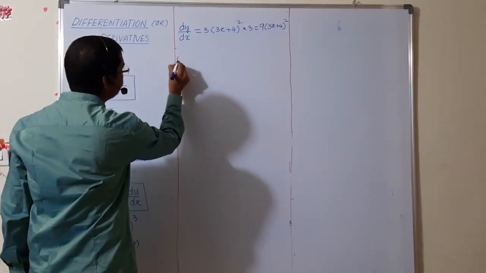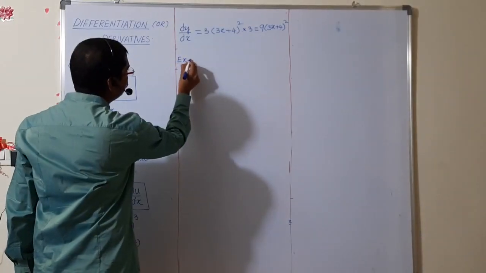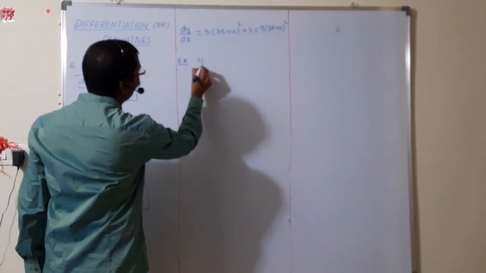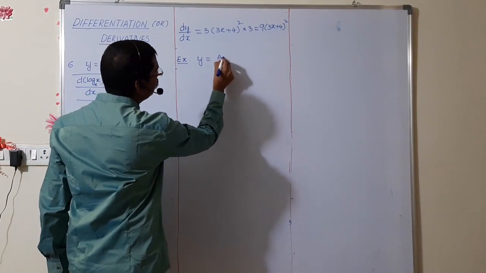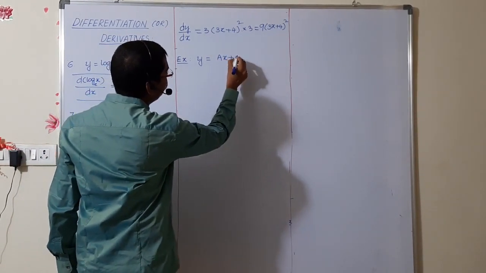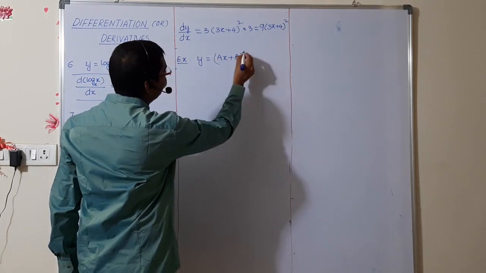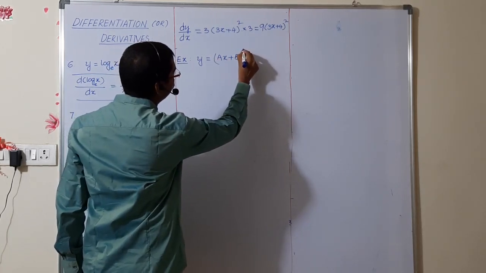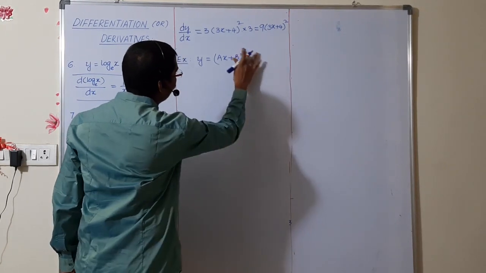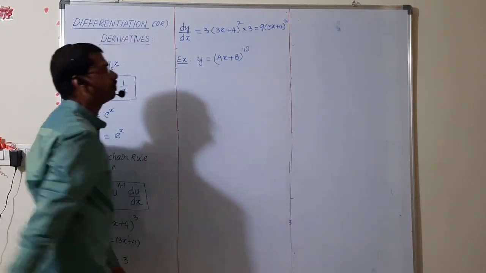Otherwise, I will give another example also. That is y equals to ax squared plus b to the power 3. Otherwise, you can take the power 10.